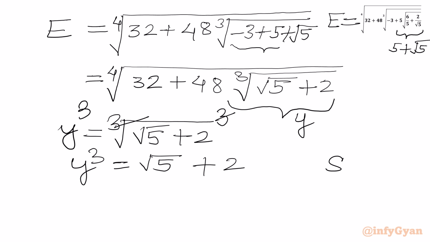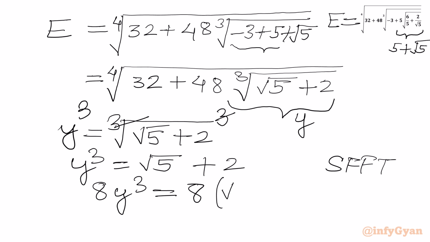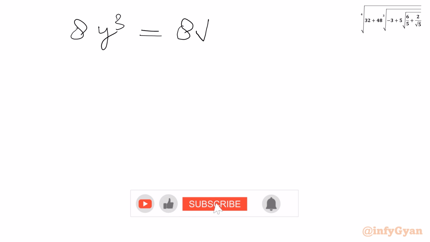Now I will use Simon's favorite factoring trick. So I need to multiply both sides by 8. So I will write 8y cube equal to 8 times square root 5 plus 2, which we can write as 8y cube equal to 8 root 5 plus 16.